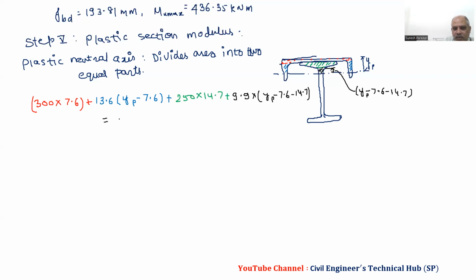And this is equal to total area upon 2, which is 16686 upon 2. Now I have calculated the values.